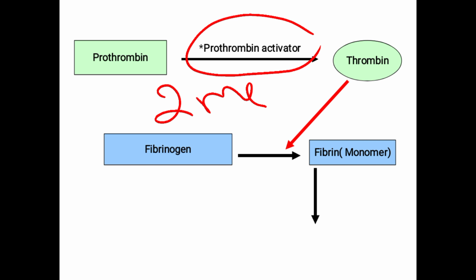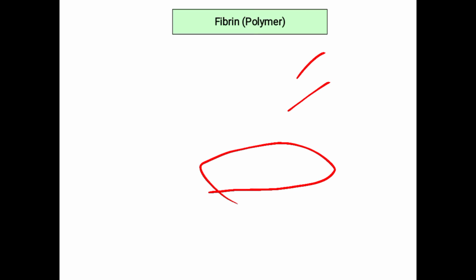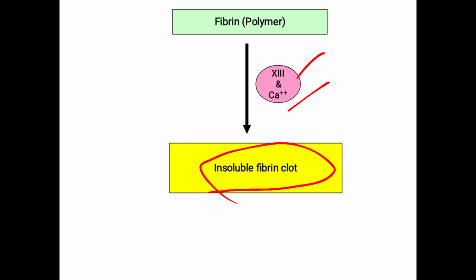After this, the thrombin causes the conversion of fibrinogen into fibrin. Then fibrin will form. This fibrin polymer, in presence of factor 13 and calcium, forms an insoluble fibrin clot.